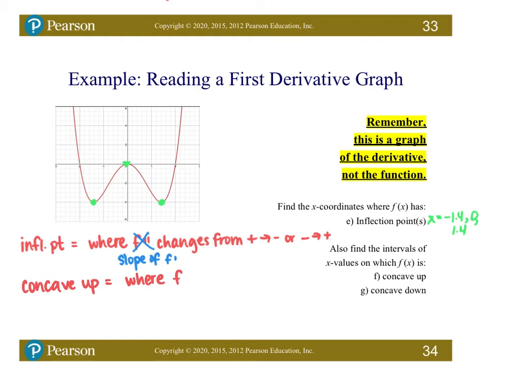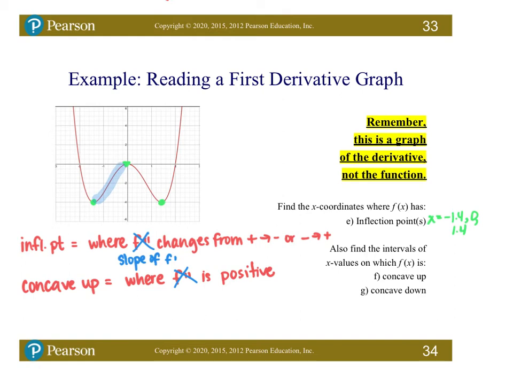Concave up is where f double prime is positive. So change f double prime to where the slope of f prime is positive. Well, I see two sections of positive slope.